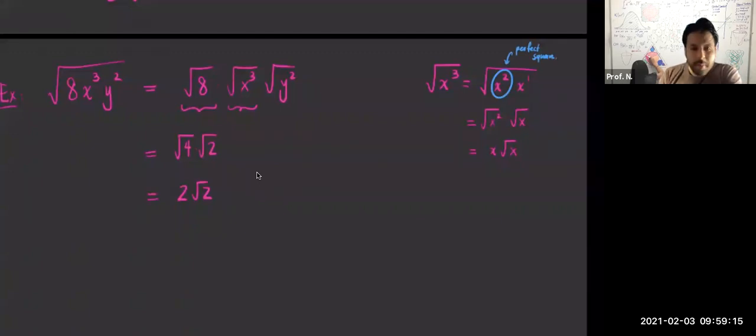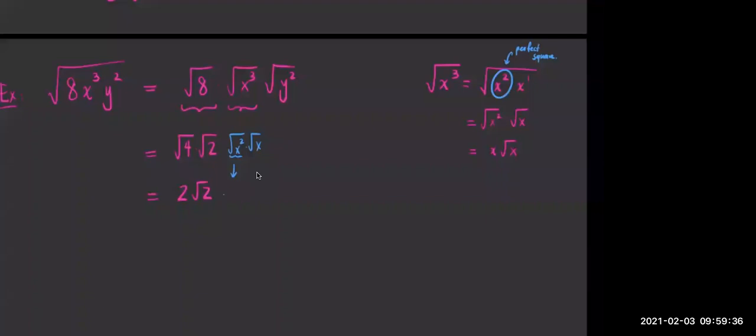Now x squared is the largest perfect square that is a factor of x cubed. Do you see that? So I can break this down as the square root of x squared times the square root of x, and this becomes x times the square root of x.